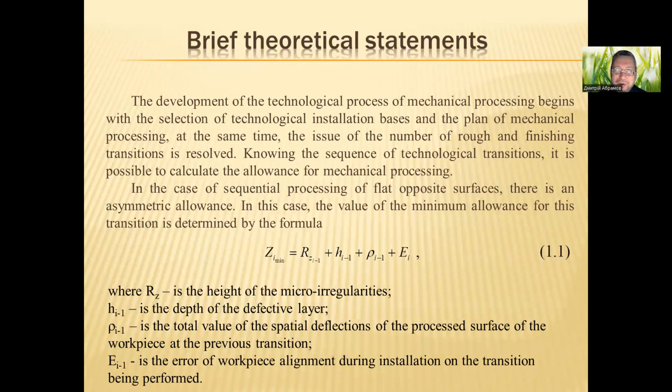And brief theoretical statements. The development of the technological process of mechanical processing begins with the selection of technological installation basis and the plan of mechanical processing. At the same time, the issue of the number of rough and finishing transitions is resolved.